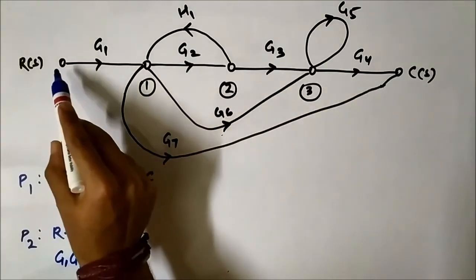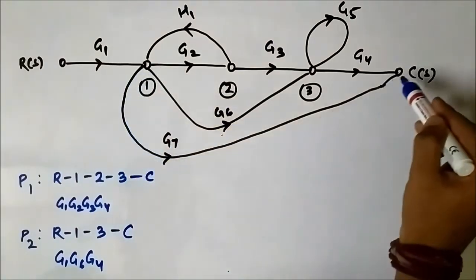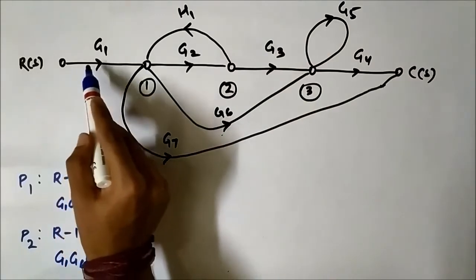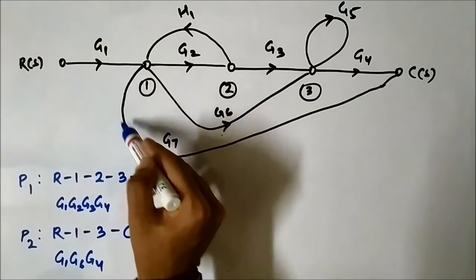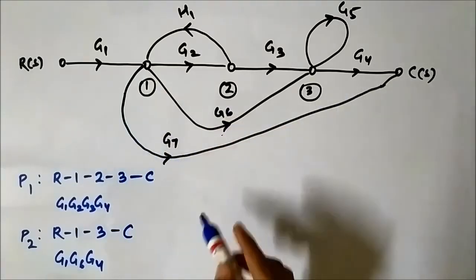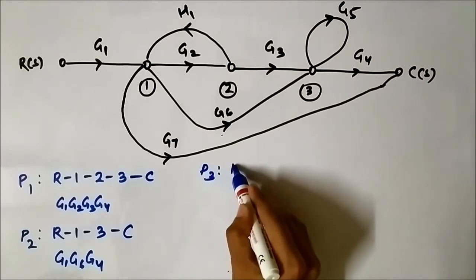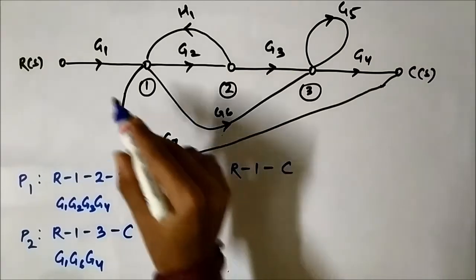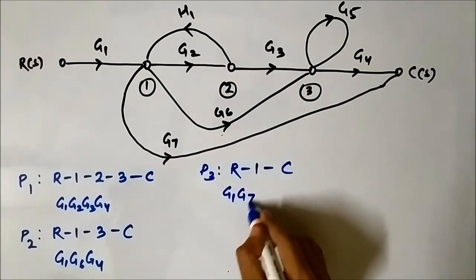Yes, again R to 1 directly to the output node C, R to 1 to C. Pay attention to the direction of the arrowhead, R to 1 in the forward direction, again 1 to C in the forward direction. So P3, the third forward path, is R to 1 to C. The gain is G1 into G7.